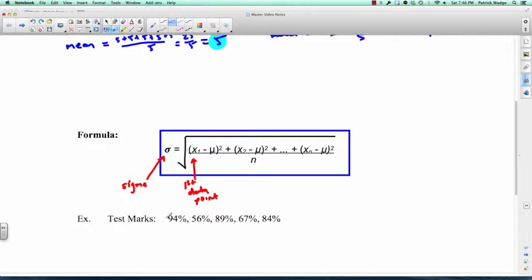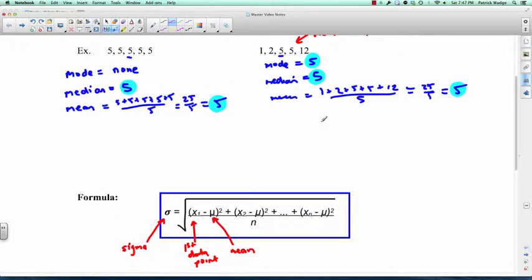For example, in the example we're going to do here, x1 is 94. x2 is the second data point, it's 56, etc. This symbol, remember this? This is mu, and mu stands for the mean. That's all you need to know. Okay, so that's how you get the standard deviation. So let's do that for these two data sets here.